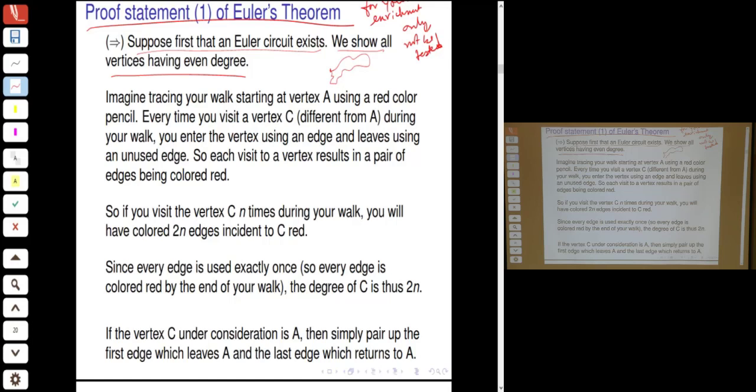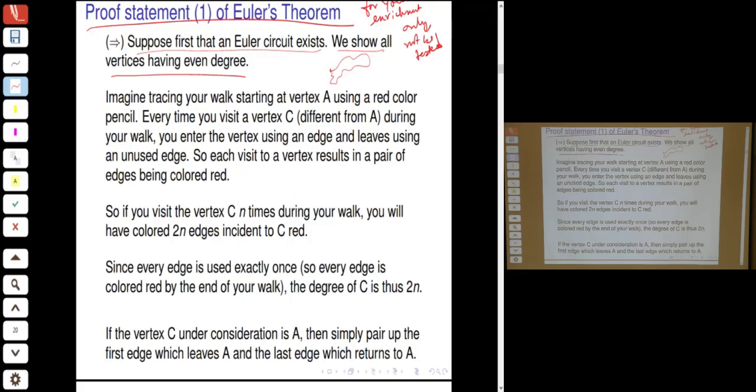Which is actually the statement which answers the riddle about the Königsberg bridge problem, because you can solve the Königsberg bridge problem in the following manner: you construct the graph which represents the different parts of Königsberg town and the bridges connecting them as edges, and then you just check the condition of Euler's theorem for this particular Königsberg graph, whether every vertex has even degree.